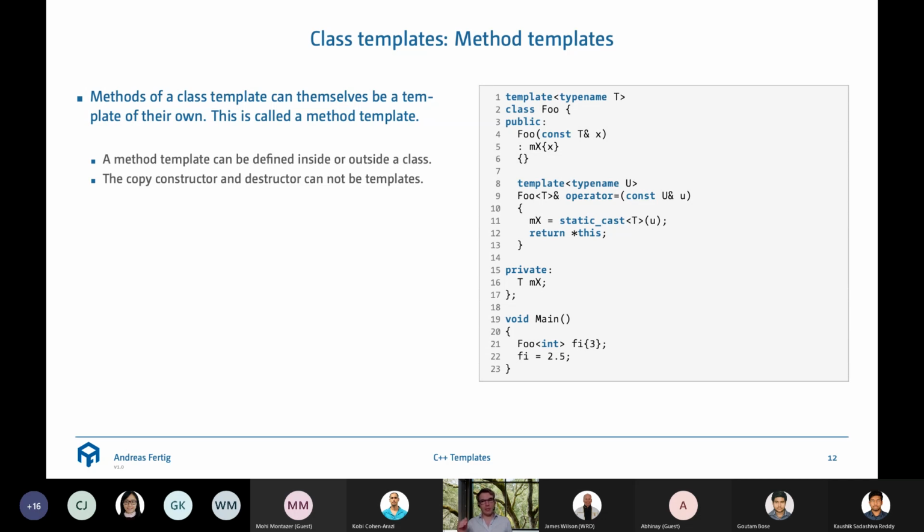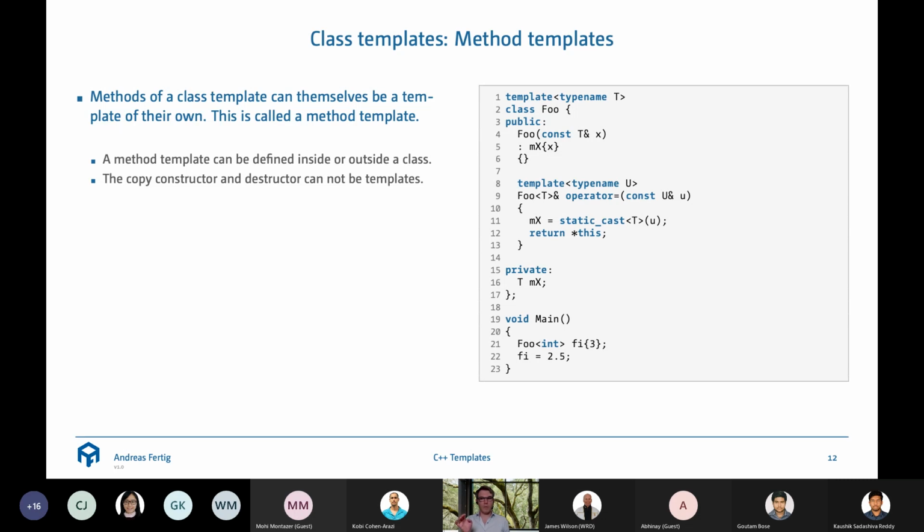You don't necessarily need a class template to do this. You can have a regular class, which is not a template, and template certain operators or methods, whatever you like in there. The only exception is that the copy constructor and the destructor cannot be templates. Especially the copy constructor is often a source of error.